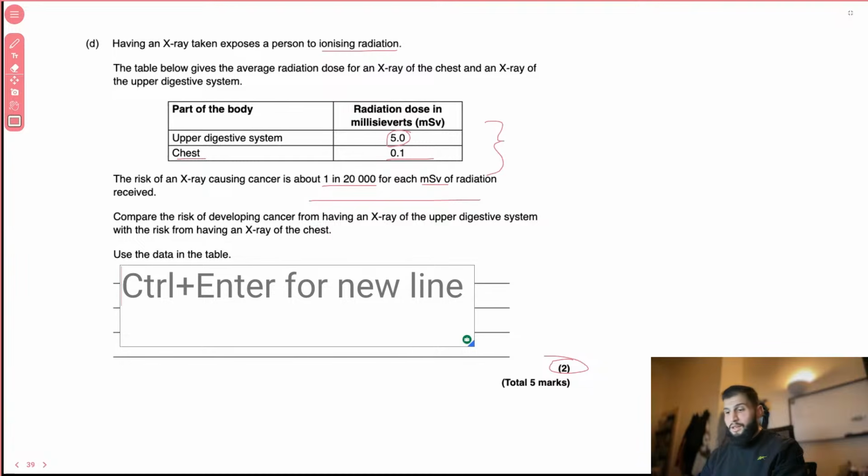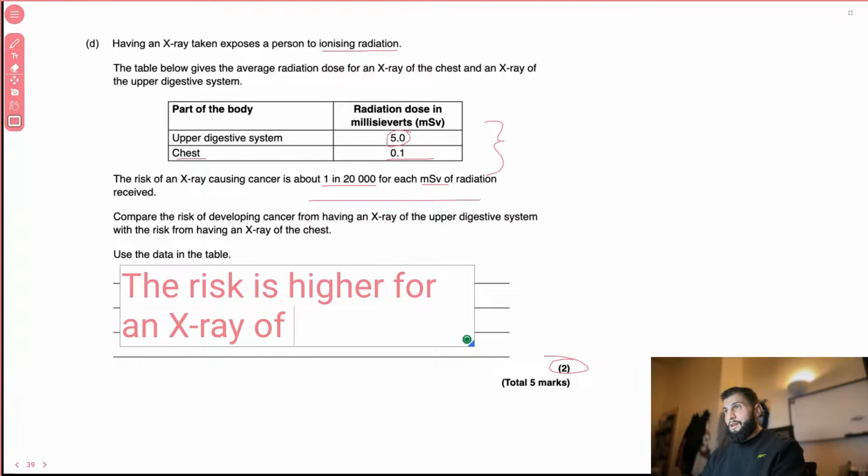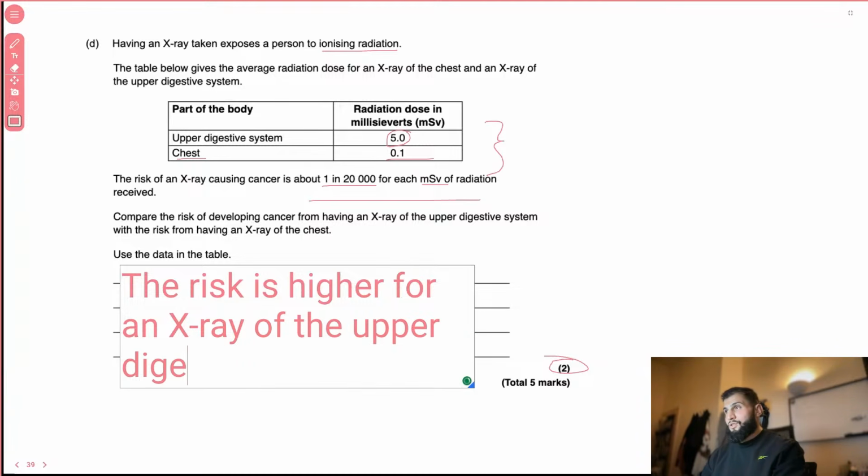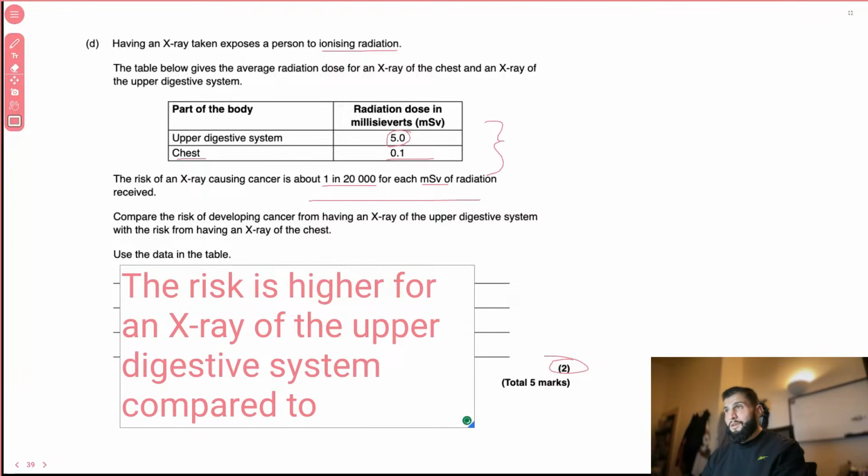So we can say the risk is higher for an X-ray of the upper digestive system compared to the chest. So that could be the first thing that we write.